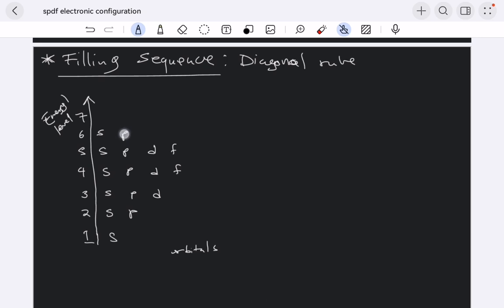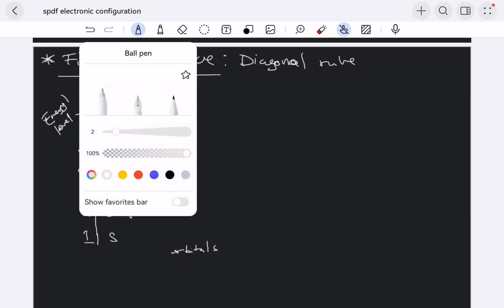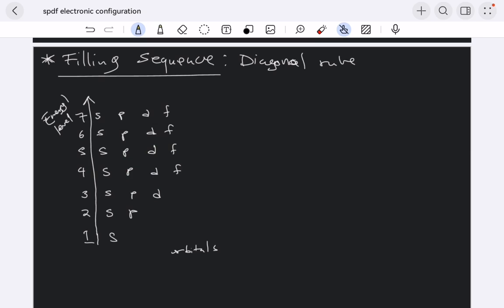In 6, s, p, d, f. In 7, s, p, d, f. So using the diagonal rule, let me use this yellow so we can do this, and then it goes like that.